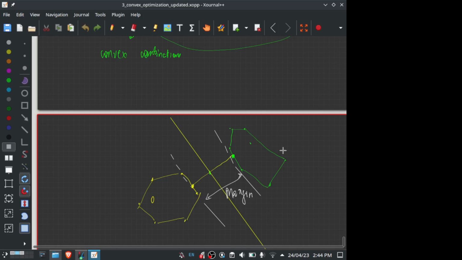The maximum margin linear classifier is basically the one that passes through the midpoint of the minimum distance between the convex hulls. The maximum margin itself would be equal to the minimum distance between these two convex hulls.